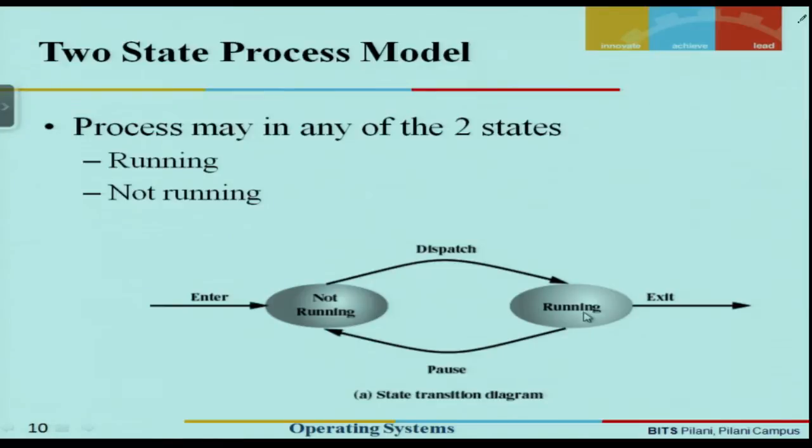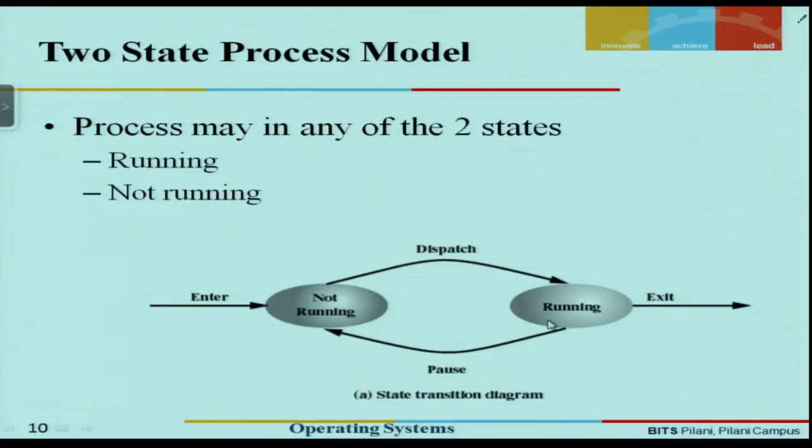Once it gets blocked, it will go to what we call a not running state. This is one scenario: a process requesting an IO device or IO services, which is the reason it gets blocked and moves to the not running state.